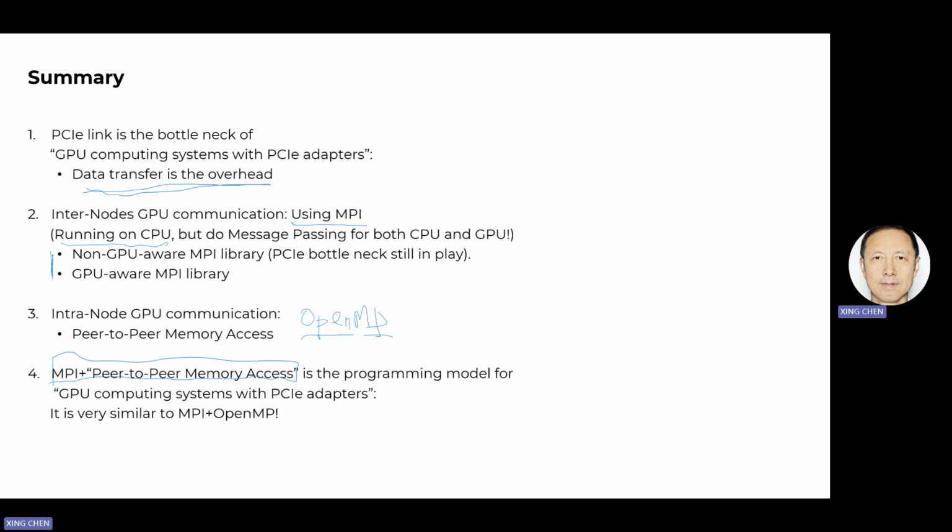That is where the difficulty of GPU programming comes from. Now, this MPI plus peer-to-peer memory access is very much similar to the MPI plus OpenMP programming model. So this is the summary for section 3.